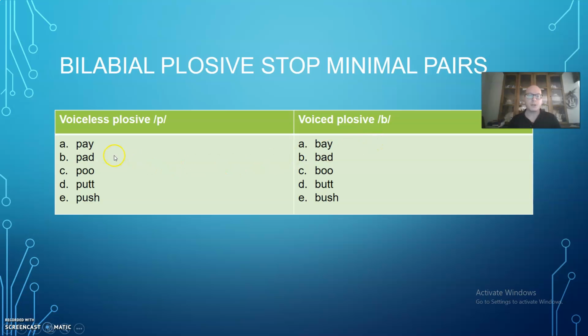So minimal pairs, meaning that the same point of articulation in your mouth and your tongue, the same way to create the sound, but not voicing or voicing. Okay? Pay, bay, pad, bad, poo, boo, put, but, push, bush.